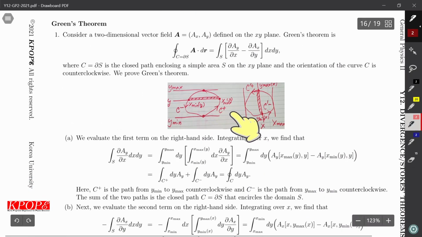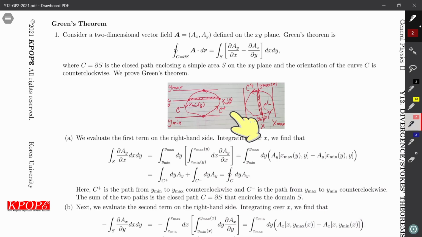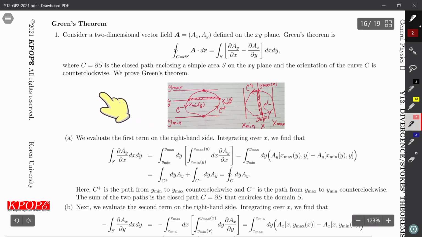Next one is Green's theorem. Because you learn Green's theorem in detail in calculus, I do not want to explain it in great detail, but the answer is completely given here.